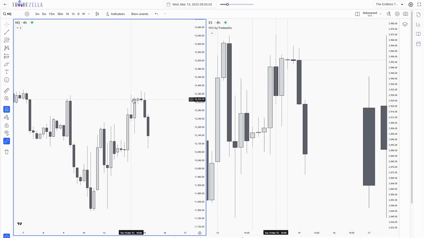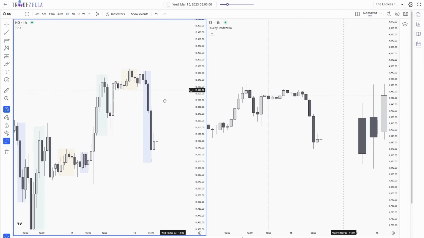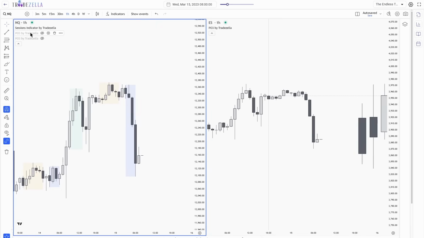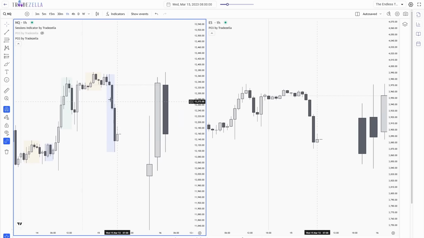You can see that for reaching this high, we had a consolidation, manipulation, and expansion lower. And the ES is a bit weaker. It is closing below these lows. You can see the NQ is a bit stronger. So now going into the Nivert session, we will pull up the daily indicator, which is showing the daily candles on the right side.